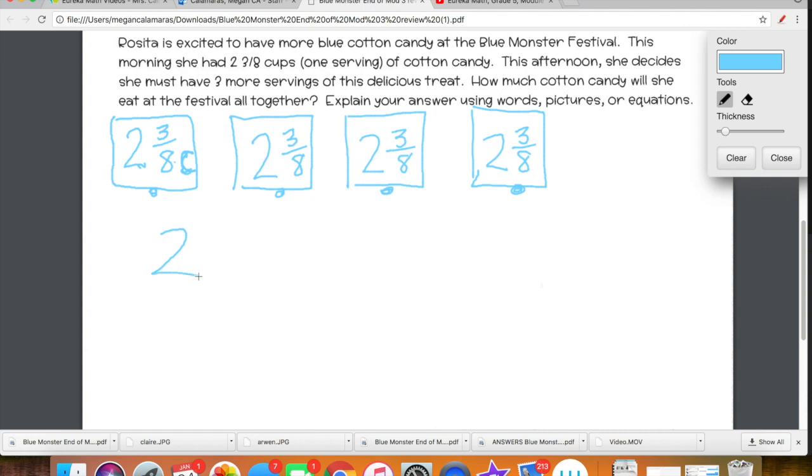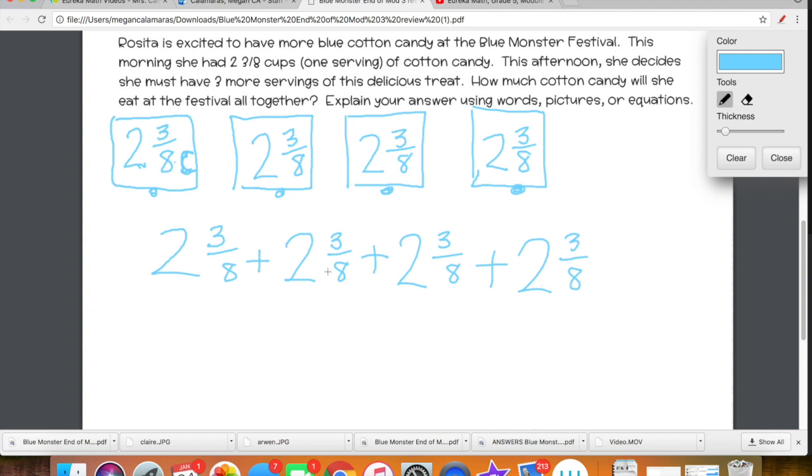So very simply, we just need to add up all of those 4 servings. Again, within each serving is 2 3/8 of a cup. So I have 2 plus 3/8, plus 2 plus 3/8, plus 2 plus 3/8, plus 2 plus 3/8. Sorry that I'm saying 2 plus 3/8.